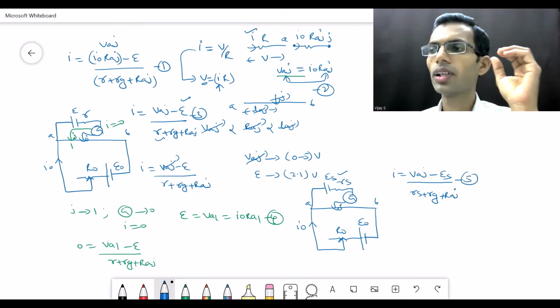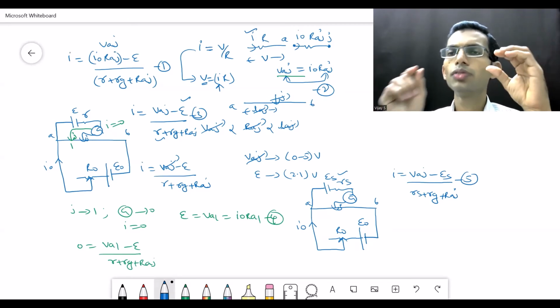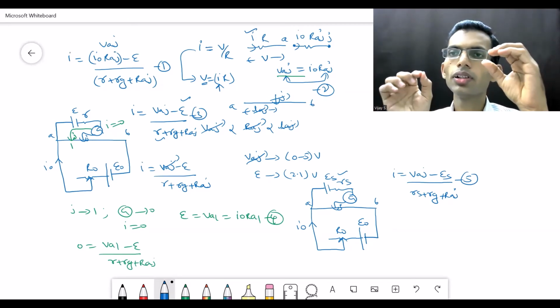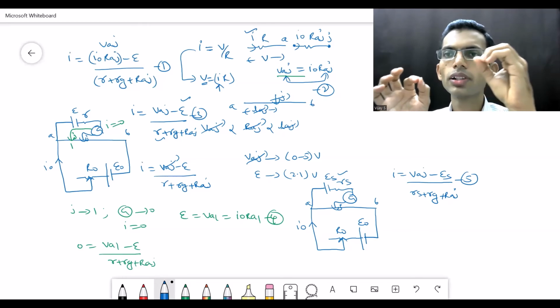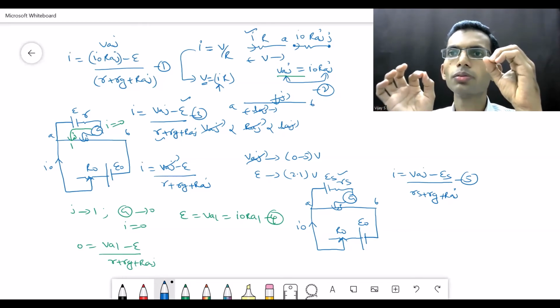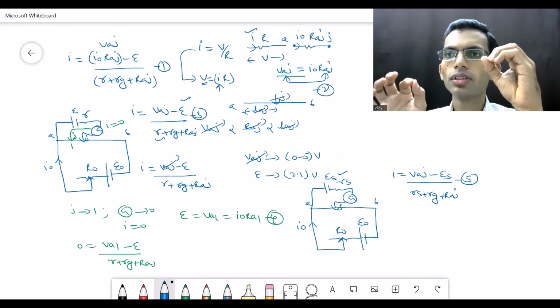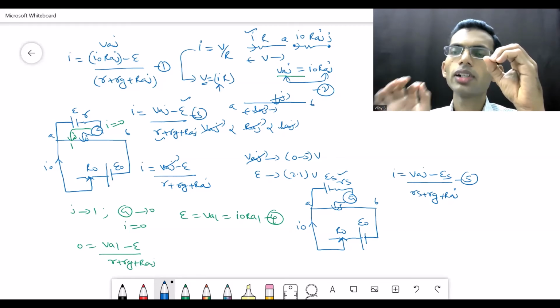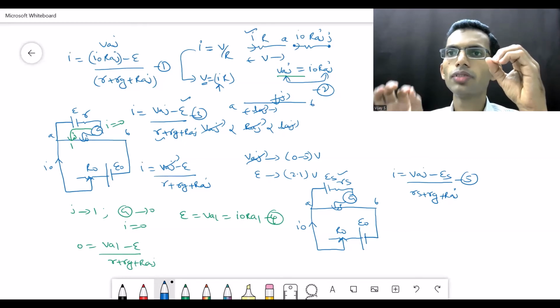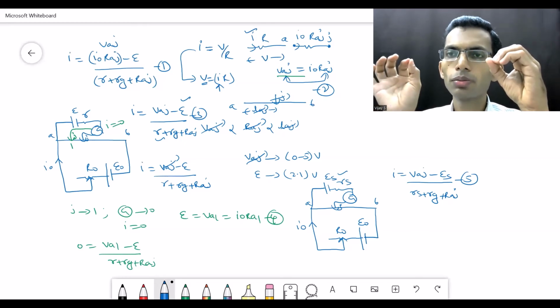Repeating the experiment means we move the moving contact on the wire AB and obtain zero deflection of the galvanometer for a particular position of the moving contact. At that position, the EMF of the standard cell becomes equal to the potential difference between the junction and that position of the moving contact.